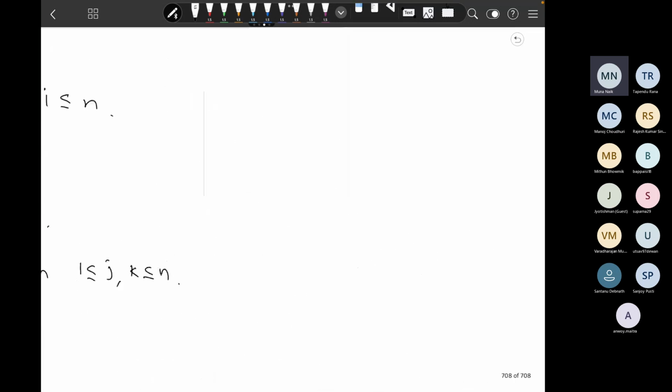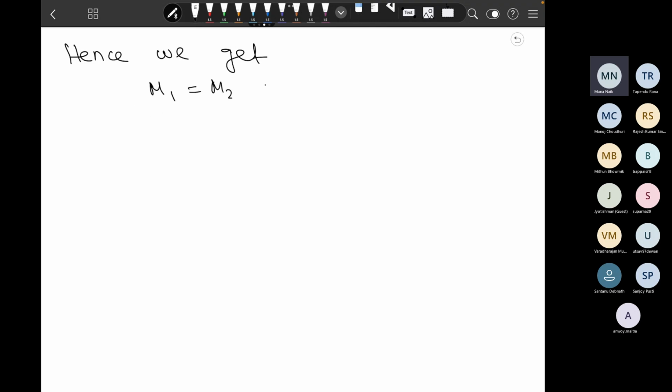Okay. Hence we get mu1 is equal to mu2 is equal to mu n.